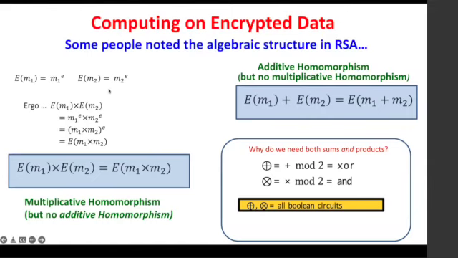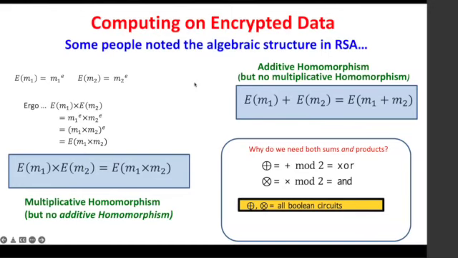Again, if you break down the RSA algorithm, you will find that it is multiplicative, but not additive, whereas other encryption schemes were additive, but not multiplicative. So the question you may have is, why do we need both? Why do we need sums and products? The answer, to break it down as simply as possible, is this.